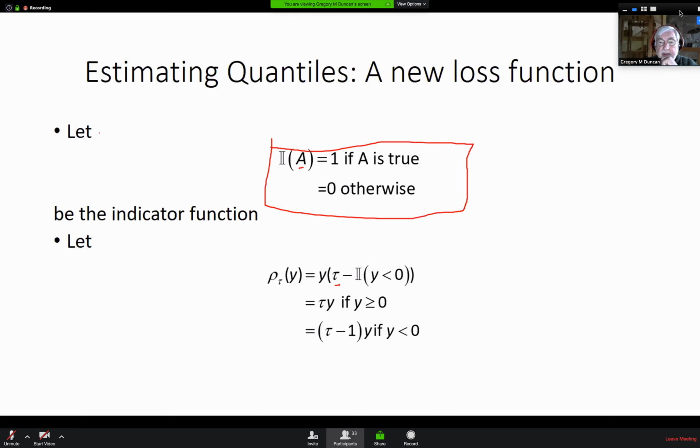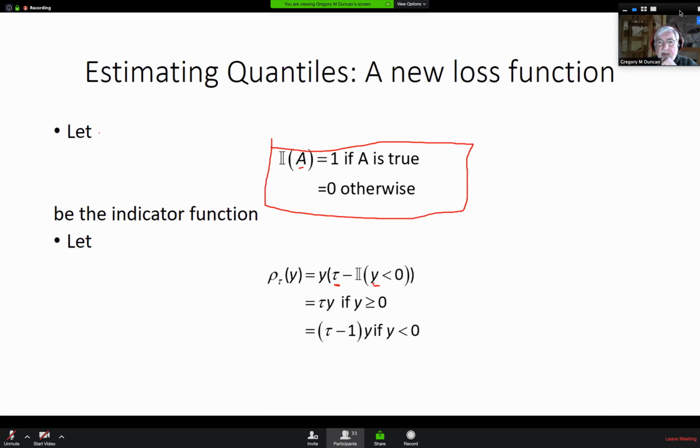I have tau, I have y here, and I have the indicator function. If y is greater than 0, the statement y less than 0 is not true, so the indicator function is 0. So rho of tau y equals tau times y if y is greater than 0.